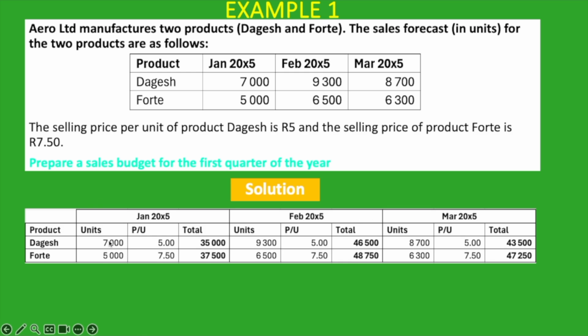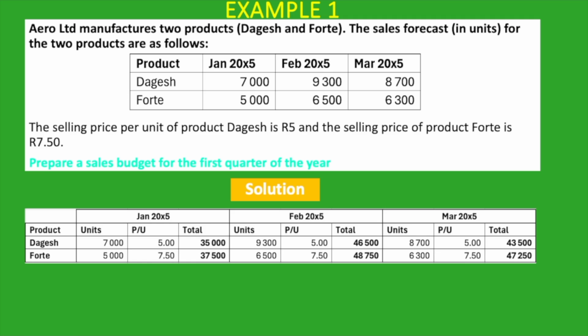The two products, 7,000 units for Dagesh, and we multiply that by the price per unit, or the selling price per unit, and then we get 35,000 Rand as a total revenue that we'll receive in the first quarter for Dagesh. We do the same for Forte, and we do that for the 3 months that we have. Alright, that is as easy as preparing the sales budget is.